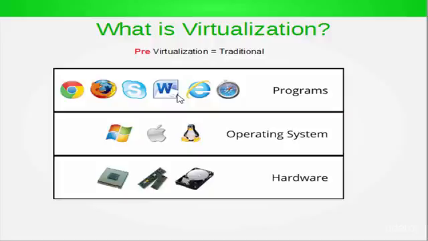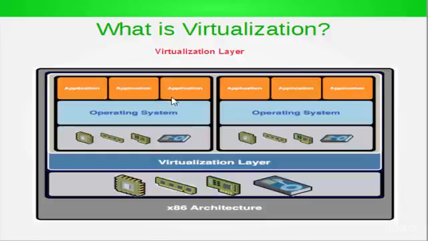So now let's see what is virtualization and what is the virtualization layer. Okay, now as you can see in this picture, there is the hardware layer in the beginning, and this is called the physical hardware. This layer includes the processor, the RAM, the network card, and the hard disk.